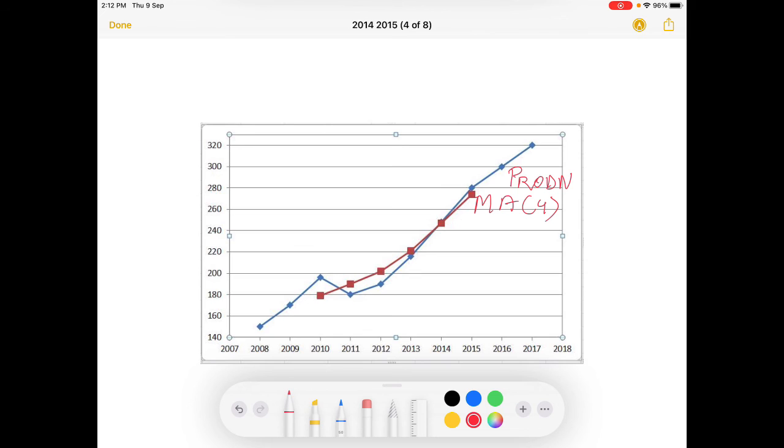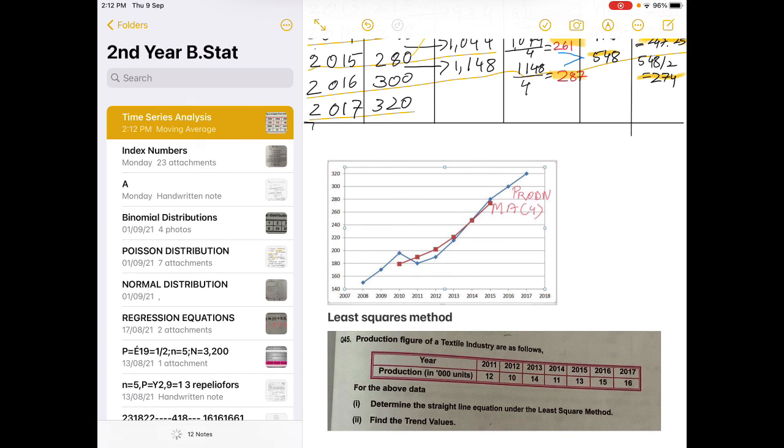In some years the moving average is above the actual values, in some years it is falling below. But it is taking an average of the 2 years before and 2 years later in a moving average fashion. Now this will be followed by the least squares method.